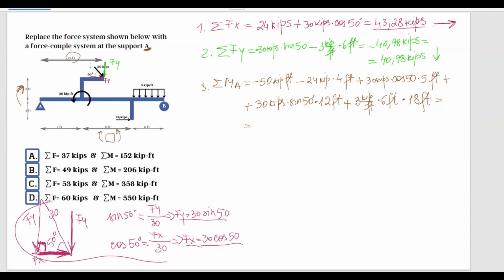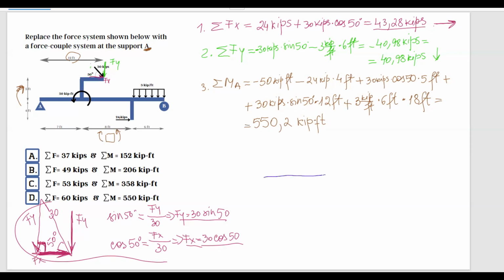Next, I have 50 sine 30 multiplied, 12 multiplied, plus. Next, I have 18, 3 times 6, 18 multiplied, plus. So I get a moment of approximately 550.2. And this is kip foot. Perfect.